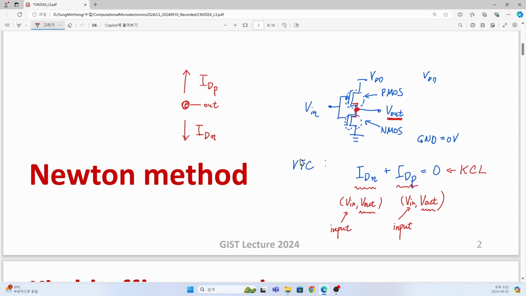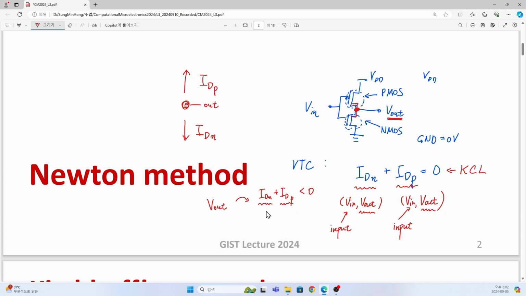Previously, in order to solve this equation, we used a heuristic trial and error approach. What was it? Just try one output voltage. Of course, there is no guarantee that this is the real solution. If we have values lower than 0, it means that our N MOSFET drain current is smaller than that of the P MOSFET current.